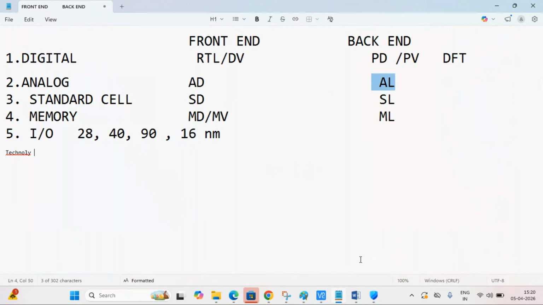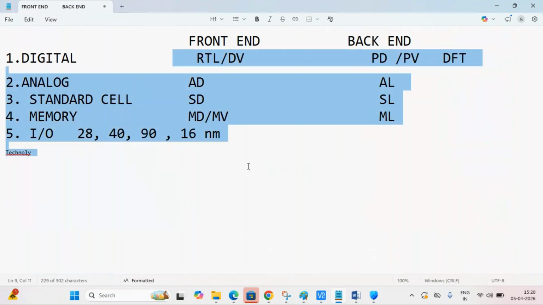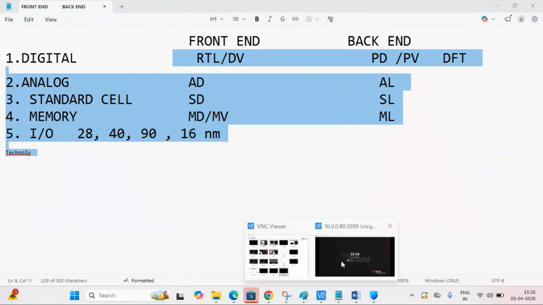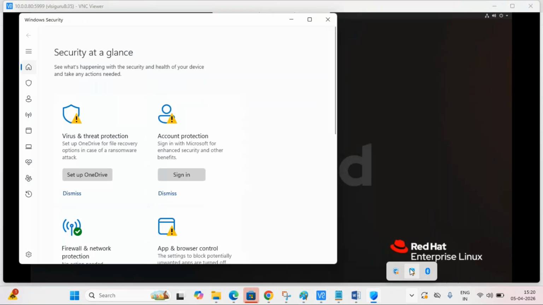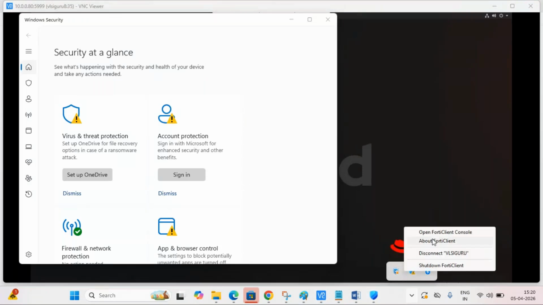So layout is whatever the circuit is. Front-end people will do analog IC design, the schematic design. Let me show an example. Let me connect the tool first. So what does schematic mean?